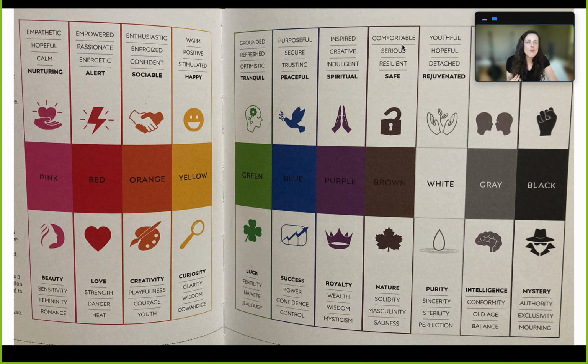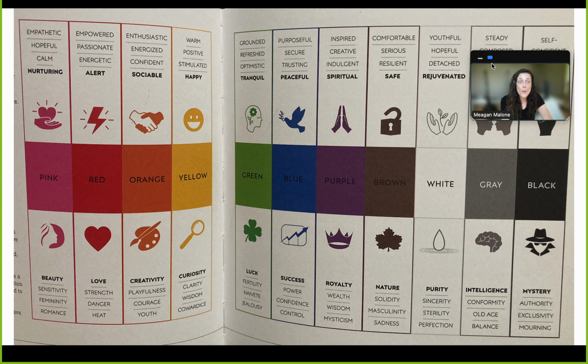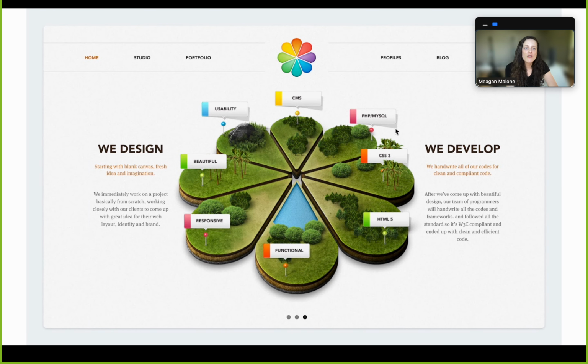If you're thinking more about some serious information and you want to speak about something more natural, you're looking at browns. So if you're totally at a loss for what colors to start with, maybe think about the symbolism and the psychology of the colors and what your message is and how to match those two.